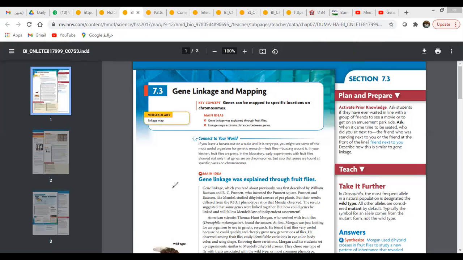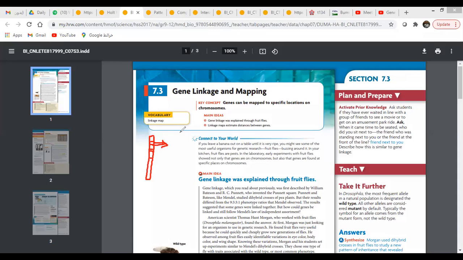Here I have a chromosome. This is a chromosome. I have parts on the chromosome. What are these? Genes. These are genes, different genes. Now we learned that if genes like this one and this one are very close to each other, we call them linked genes.